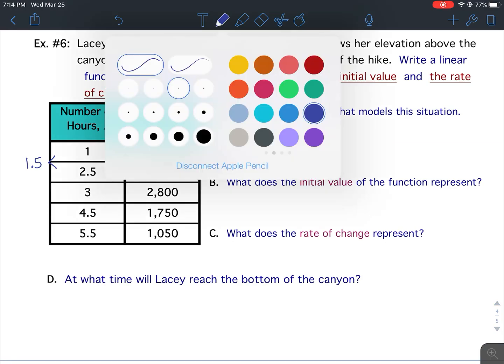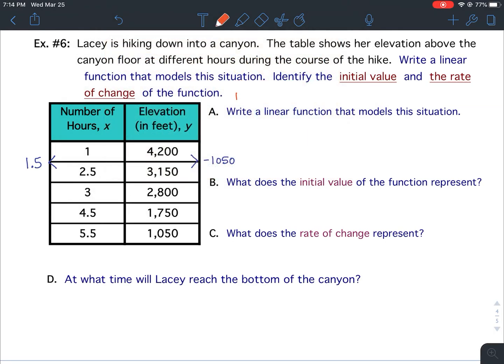There's not a lot of space, so let's write our rate of change up here. So the rate of change is negative 1050 over 1.5. Divide that out, and you get negative 700 feet per hour.